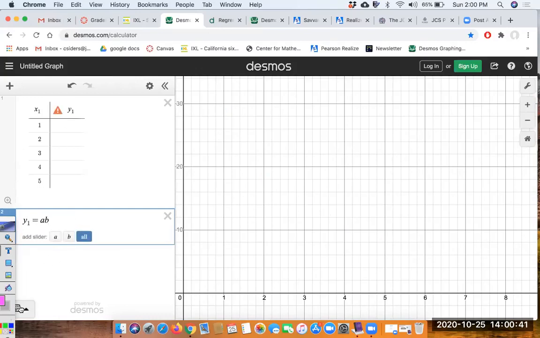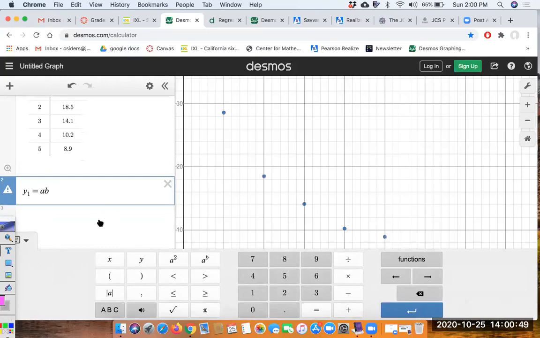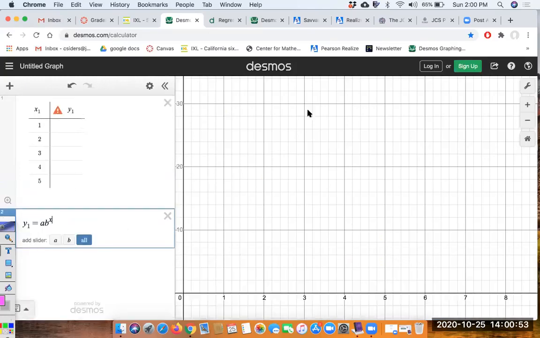Power is on this keypad. It's this one, a to the power of b, not a squared, a to the power of b, your x, and then sub 1, we have to go again, shift hyphen sub 1, click off of it.